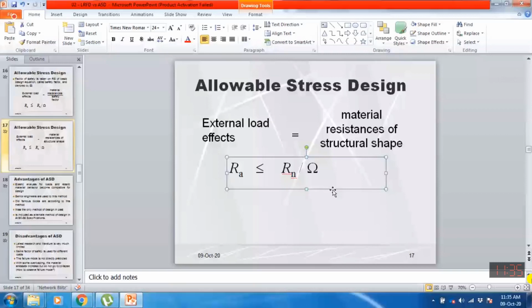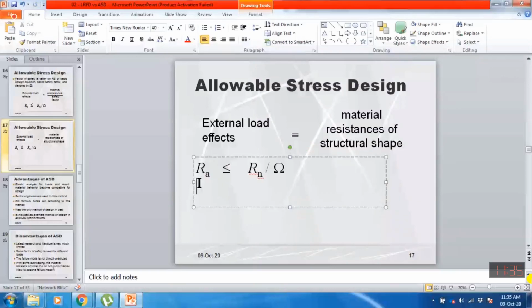Let's suppose I take the example of a simple axial load case. In the axial load case, the applied load may be tensile load. And this load should be less than or equal to, let me use the equal sign, the strength offered by the section.